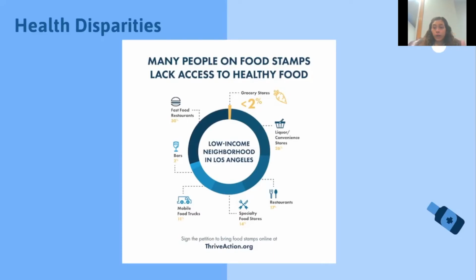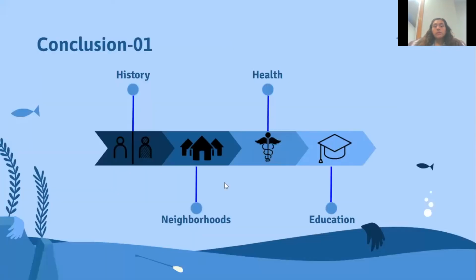marketplaces, these healthier options. Now, to close off, I want to talk about how history, like segregation and slavery and other historical events, have affected how people have established themselves in neighborhoods. We've seen this time and time again, how people live in certain communities.